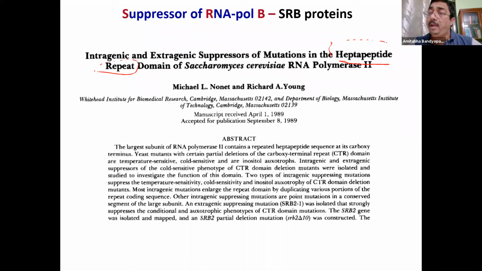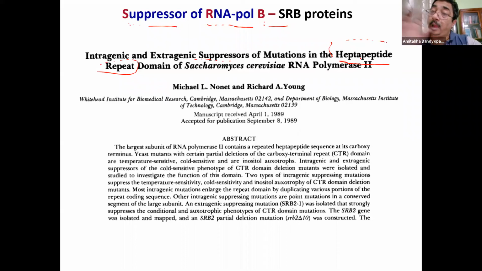That is, is there any genetic change that can suppress this slow growth phenotype resulting from deletion of the C-terminal heptad repeat. So therefore, these are suppressors of the RNA pol B heptad repeat mutation. So these SRBs were discovered and they were known to have something to do with the heptad repeat part of RNA pol 2.